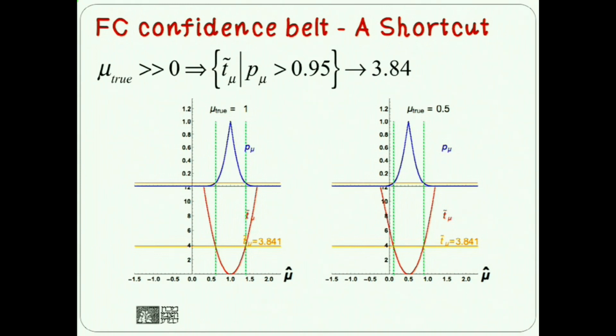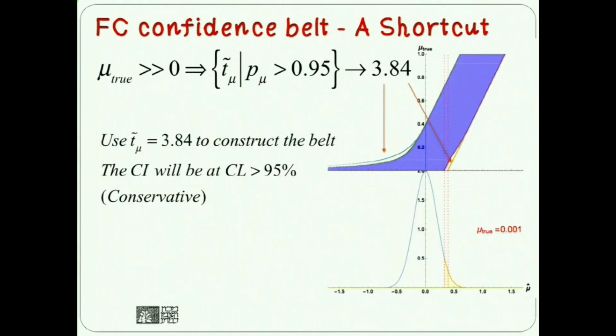So I can now do an approximation. I can build a belt simply by taking the interval that is given by 3.84. So now you see, this interval is not identical to the one that I would get if I do the full construction, but the confidence interval you get here will always be with a higher confidence level than the 95% in this example.